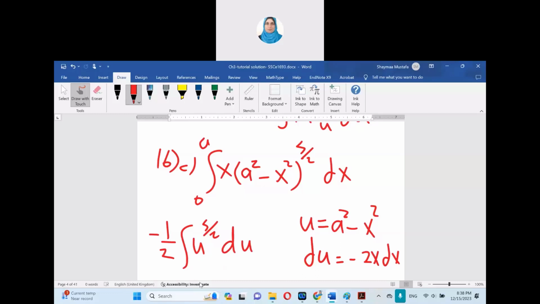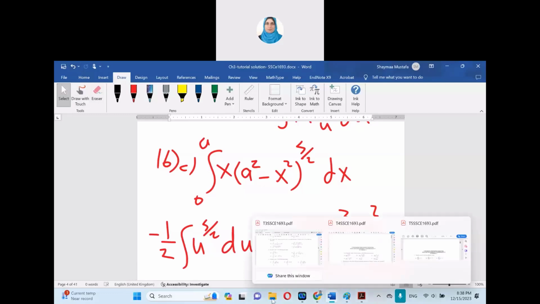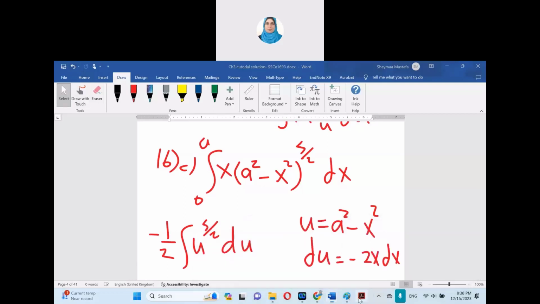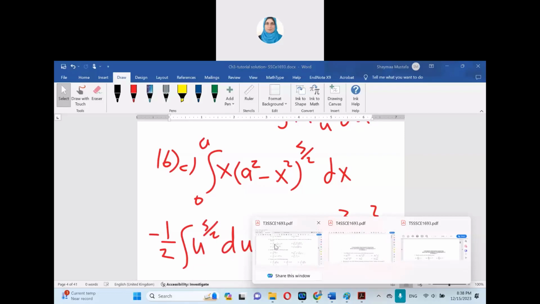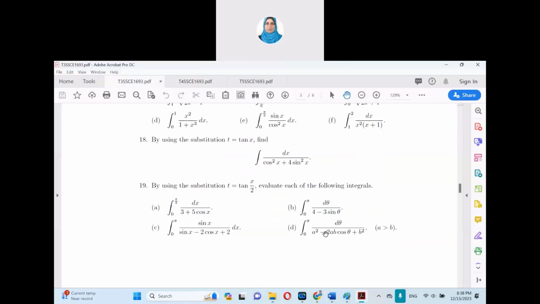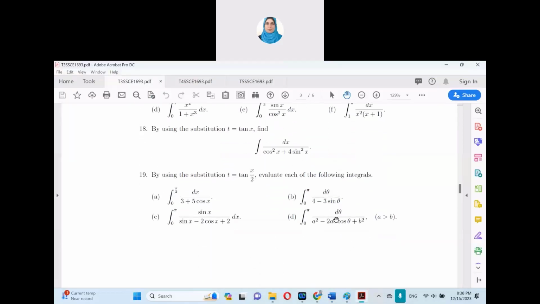Also question 19D. Question 19D, d theta, okay, this one, t equals tan x over 2.